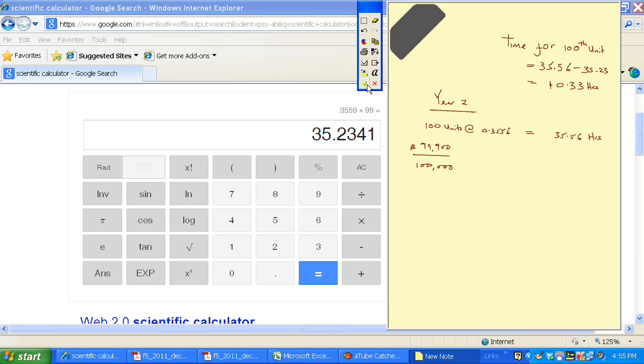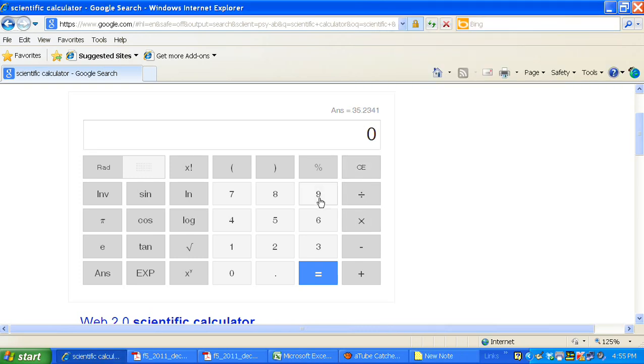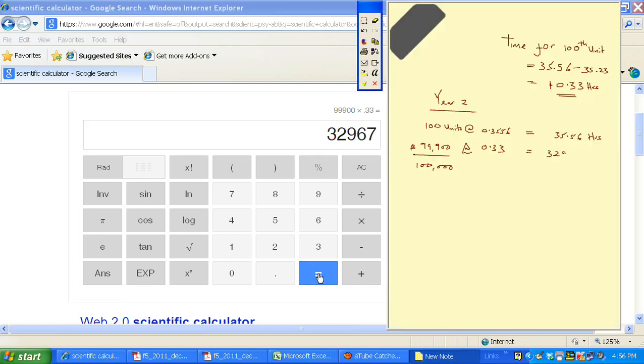Now each of these units is at 0.33. So 99,900 times 0.33 gives 32,967.